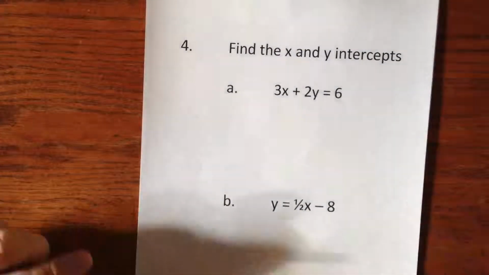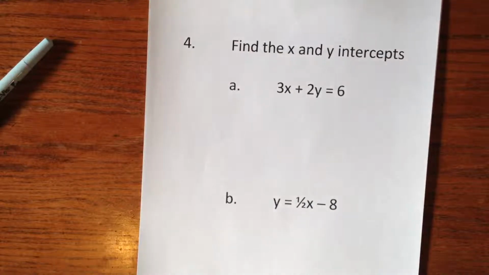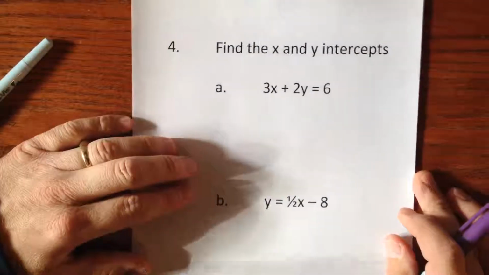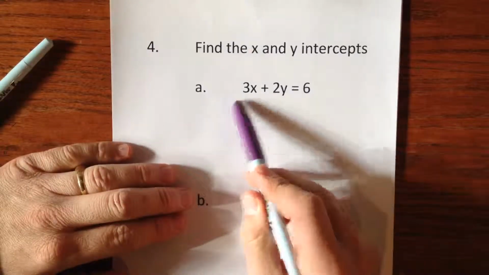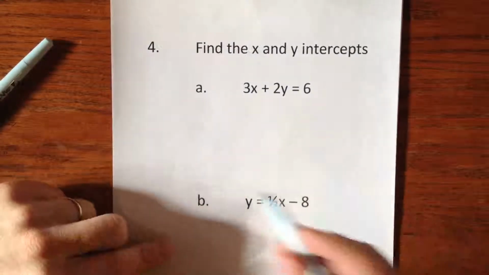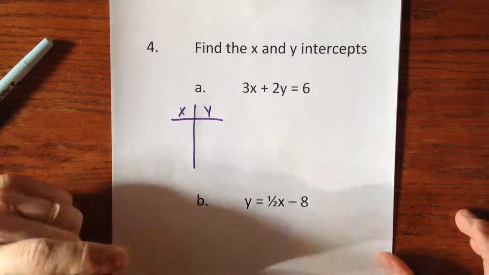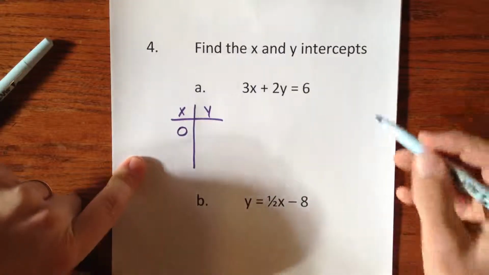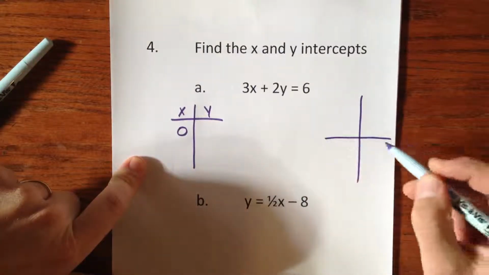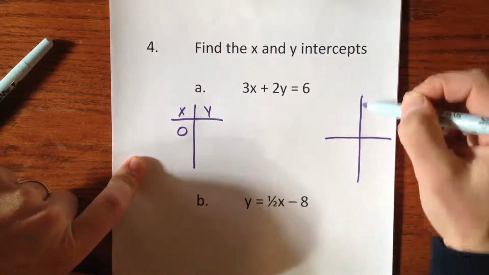And number 4, find the x and y intercepts. Not too difficult. So first of all, this one's in standard form. There was a really easy way using an XY chart that we found the x and y intercept. If you think about it, when I plug in 0 for x, or if I think about the graph, this is where x is equal to 0, the y-axis.